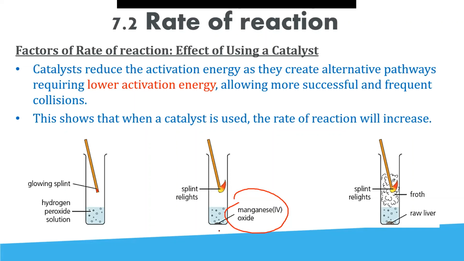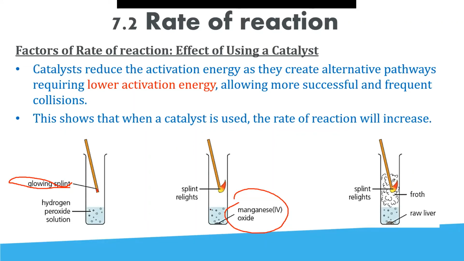It will lower the energy that is required to start the reaction, so that the reaction can start much more easily. The glowing splint is actually used for oxygen, right?